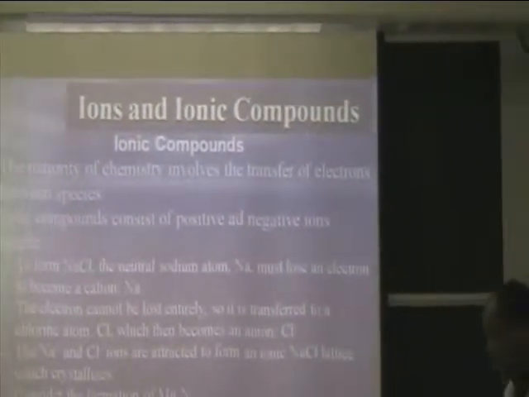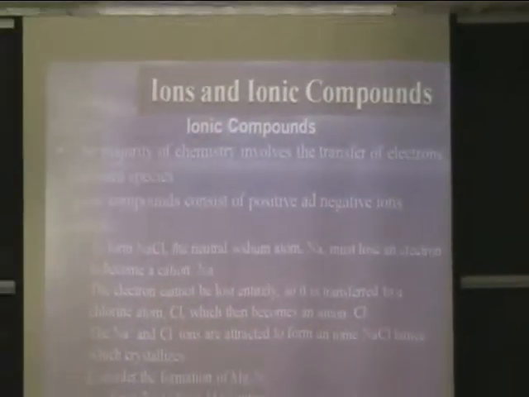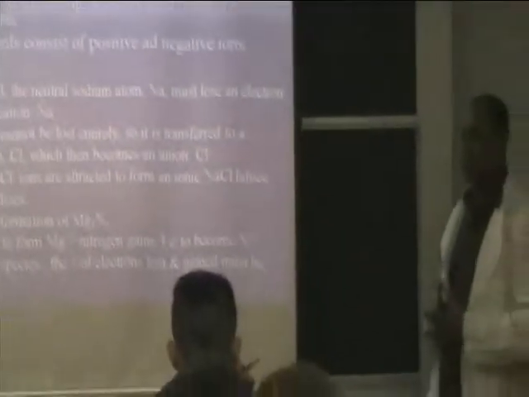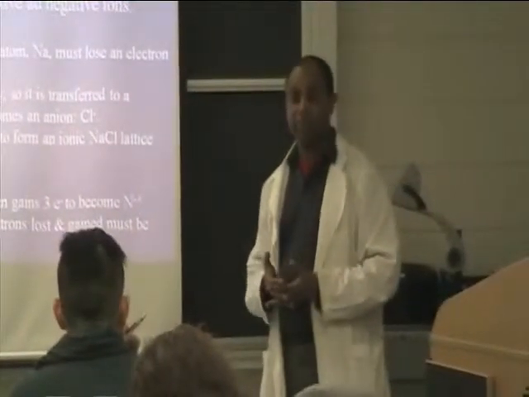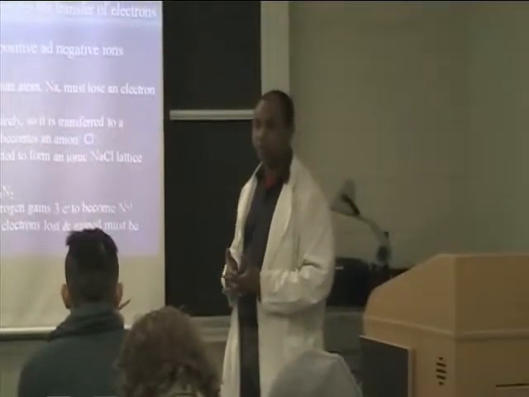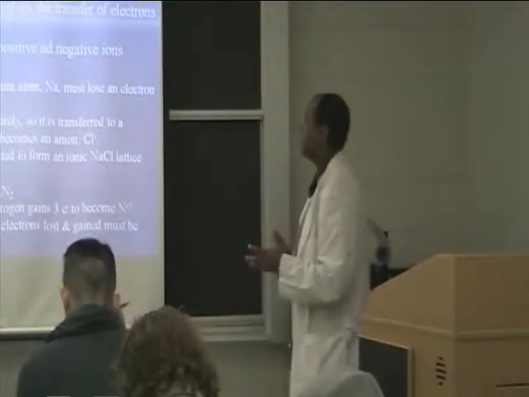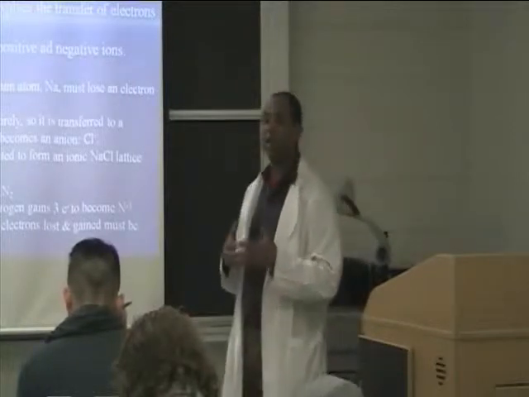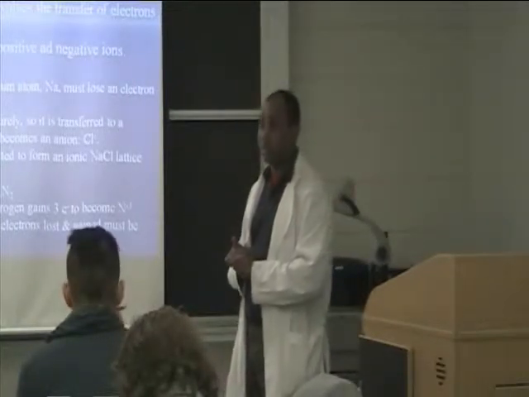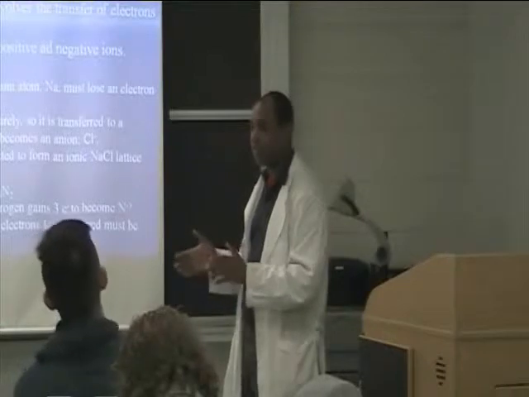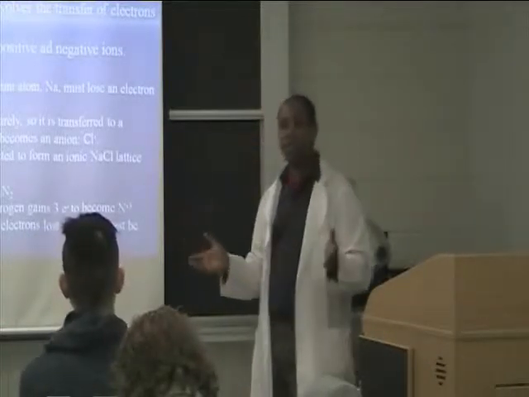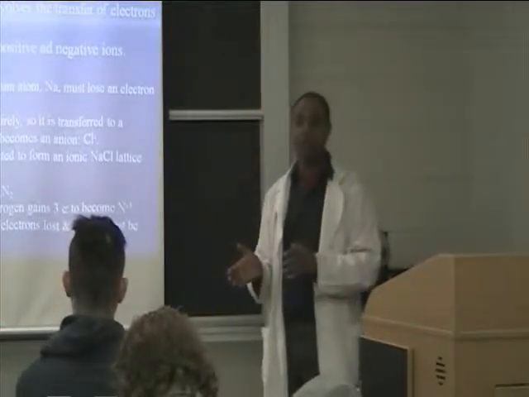One of the bonds that is very common in chemistry, especially in inorganic chemistry, is the ionic bond. An ionic bond is a bond formed by a transfer of electrons between two species. Okay, transfer of electrons. That means in an ionic bond, the main players are metals and non-metals.